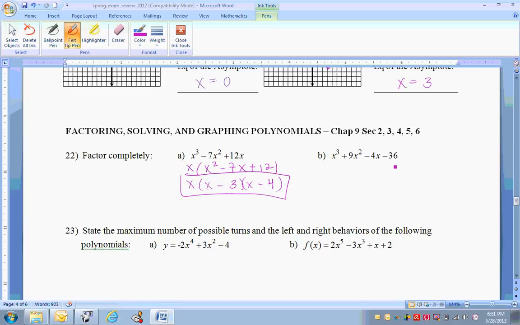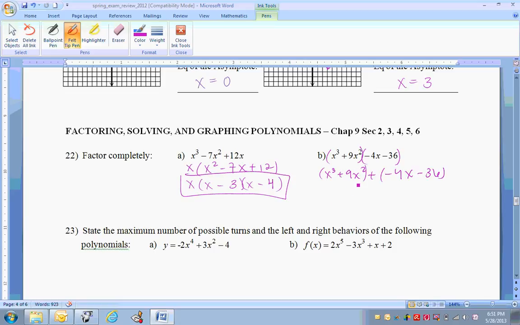Now part B, I look and see there's no GCF, and I also realize that there are 4 terms. When I have 4 terms, I'm most likely going to factor by grouping. So I take the first 2 terms and the second 2 terms and put them together. Then I write them as x cubed plus 9x squared plus negative 4x minus 36.